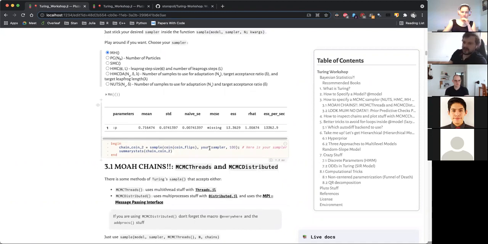You can run chains in parallel, either using multi-threading with Threads.jl. That's the Julia standard library package for multi-threading. And also remember to read the multi-threading Julia documentation, because you need to set an environment variable, I think it was num cores or something like that.